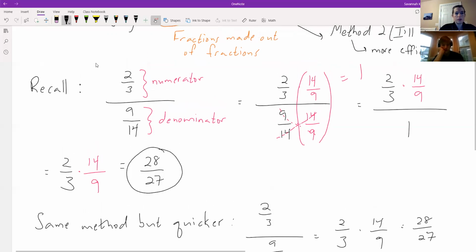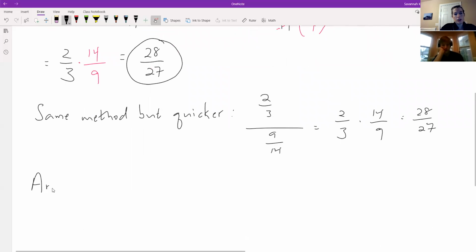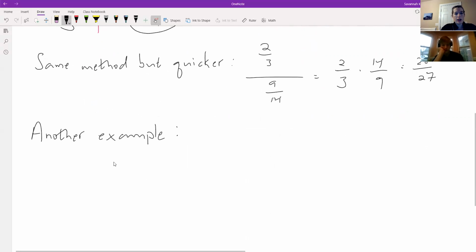So this is, let me just say, another example. I can think of 3 different types of problems we need to look at before we even get into X's and Y's. What if we had 2/3 divided by the number 4?